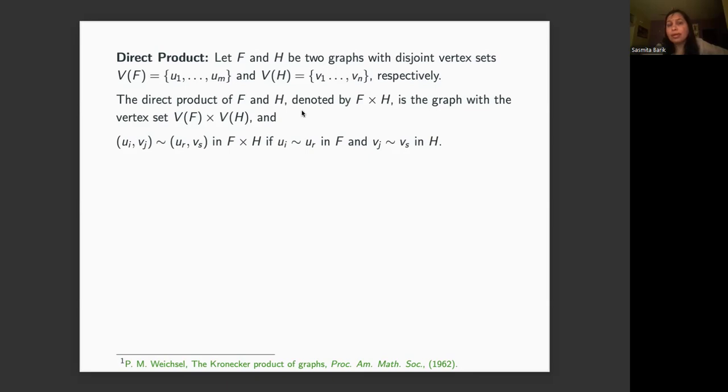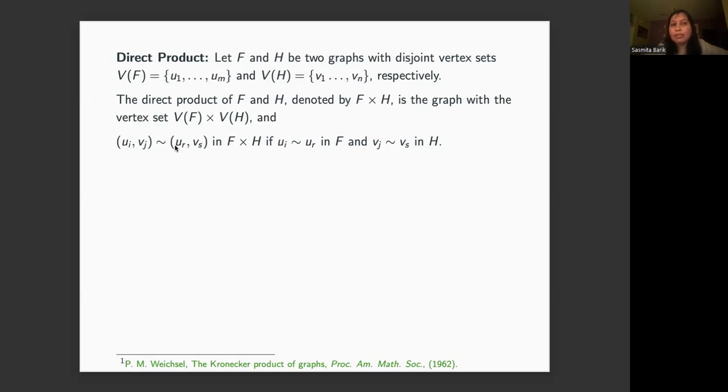So in the product, the vertices are just pairs of vertices: u1 v1, u1 v2, like that. All the pairs are vertices. And two pairs are adjacent if the corresponding coordinates are adjacent in the respective graphs. So u_i v_j and u_r v_s will be adjacent in the direct product.